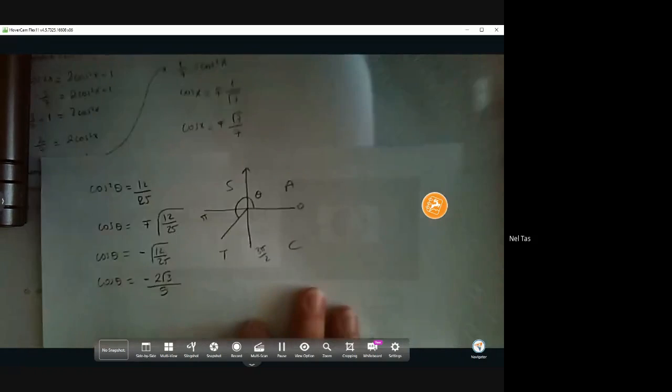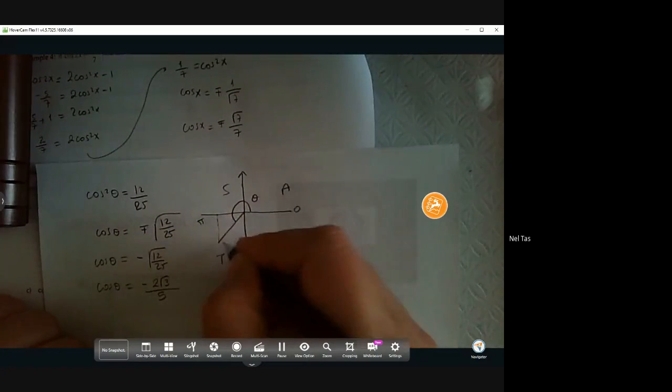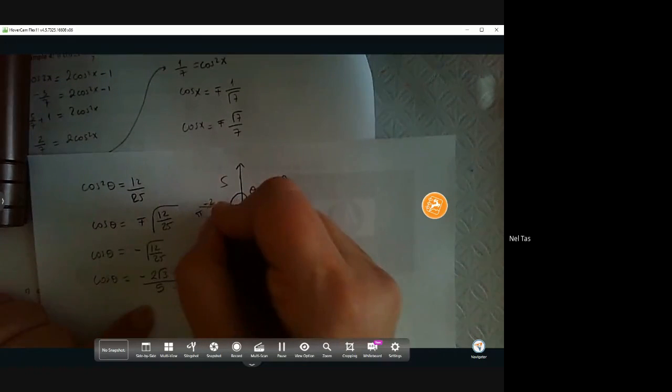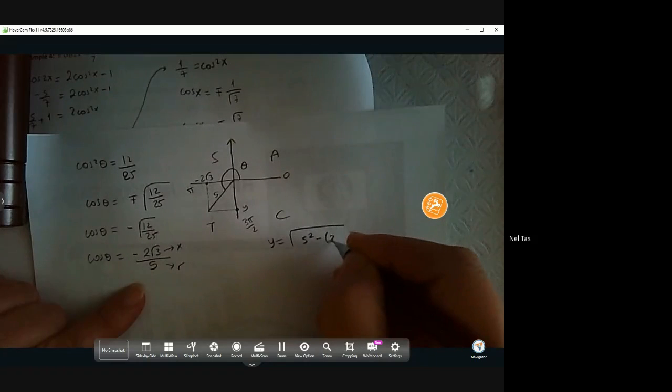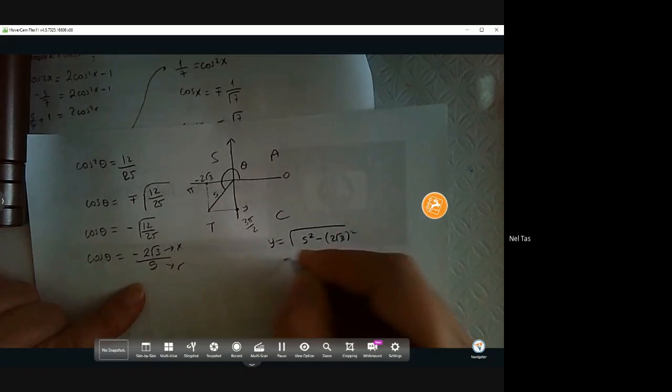Then here we can calculate sine theta. Okay. So again, cos theta is x over r. r is 5, and x is negative 2 root 3. We need to calculate this y coordinate. So that will give us square root of 5 squared minus (2 root 3) squared.